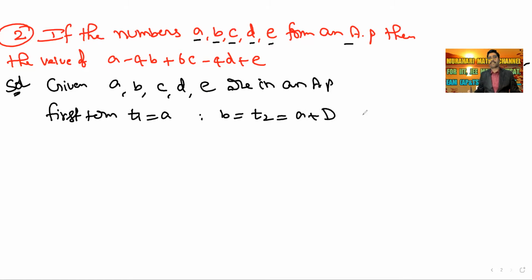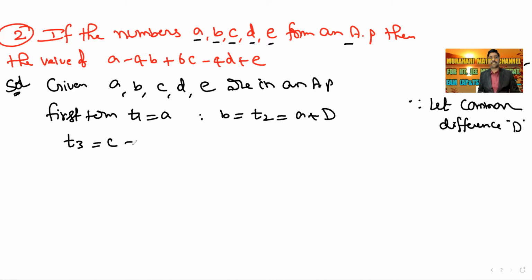Let us take the common difference as capital D. So T2 is equal to A plus D. C is T3, which is A plus 2D. T4 is D, equal to A plus 3D. T5 is E, equal to A plus 4D.